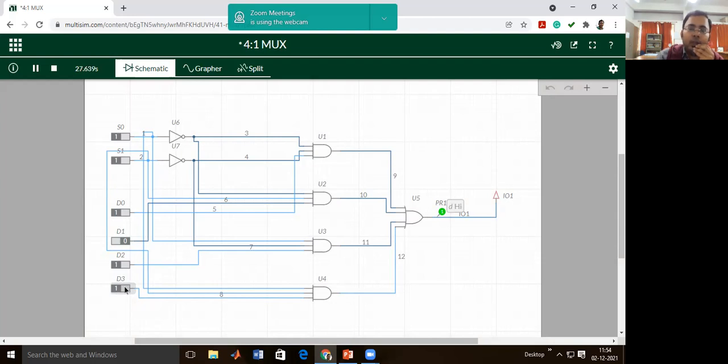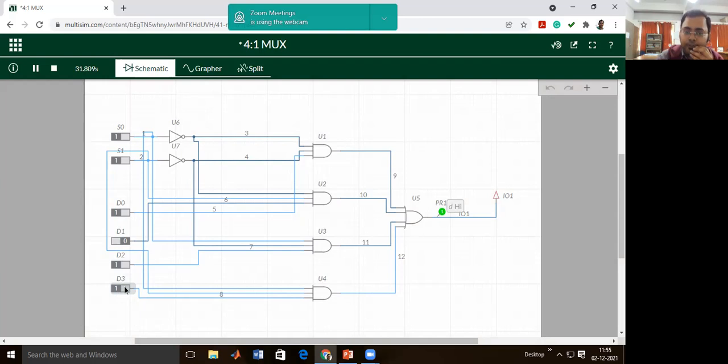So in this way, by selecting a particular combination using the select lines, we can connect one input at a time with the output. This is for the number of select lines equal to 2. That's why it is 4 to 1. If I increase the number of select lines, now it is 3, it should be an 8:1 multiplexer.